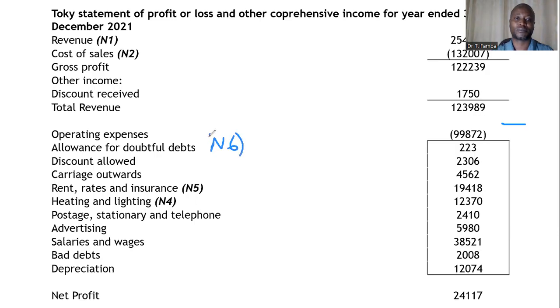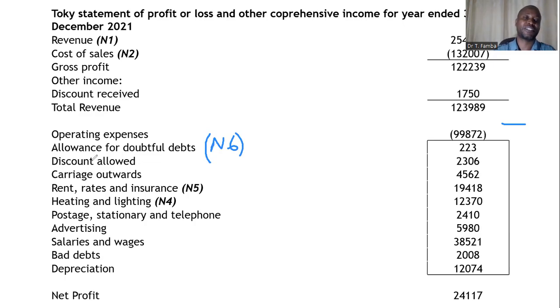So you should indicate that this is note number 6, so that when an examiner is following the figure, they are able to check where you've gotten the figure from.